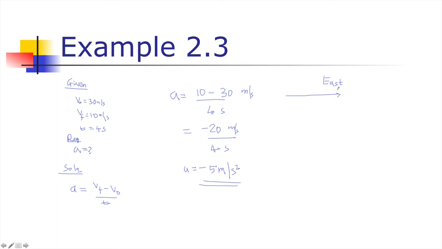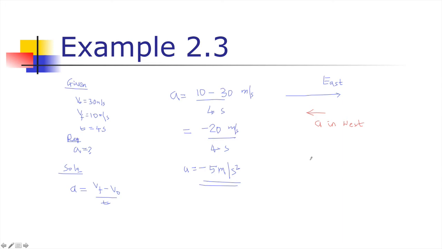If the car is moving in the east direction, this is the motion of the car. A negative acceleration means the car is moving in the east, but its acceleration is actually in the west. That negative sign just tells you you are moving in the east direction, but your acceleration is in the west direction.